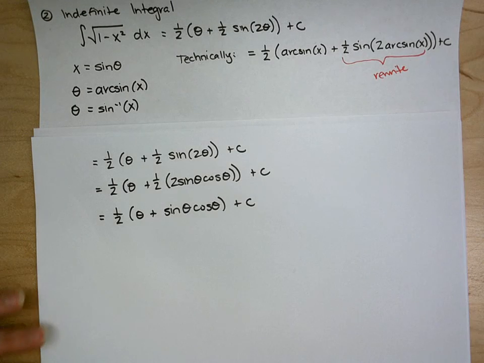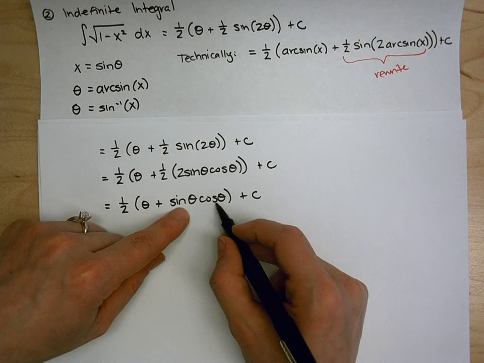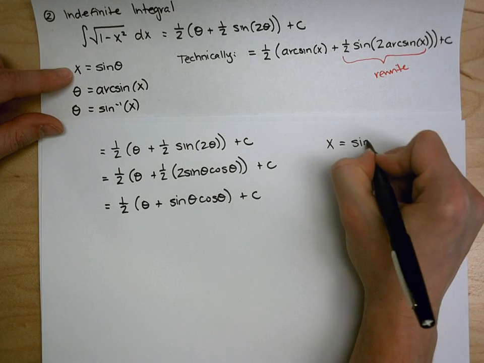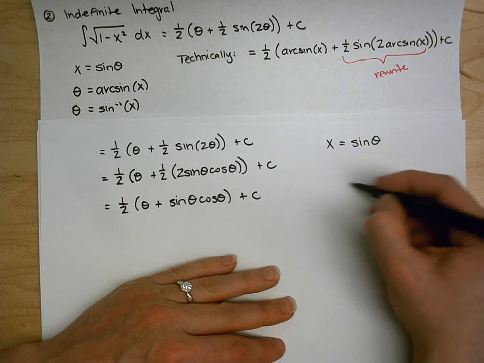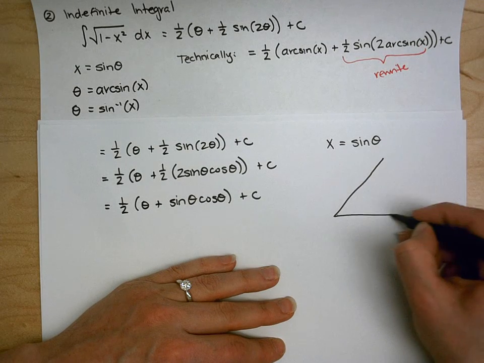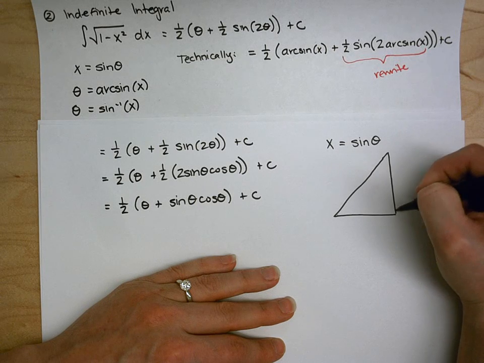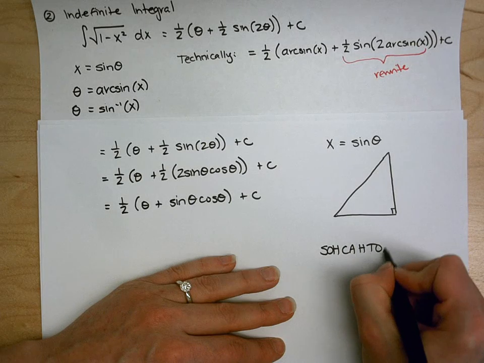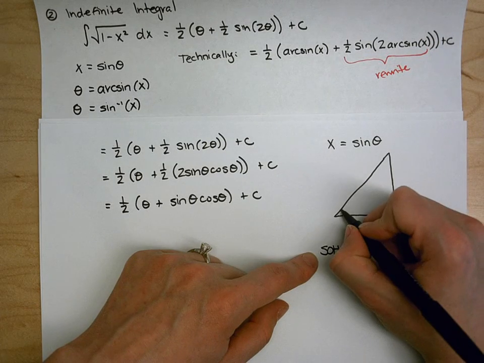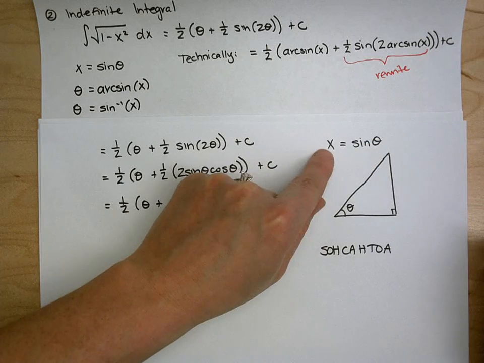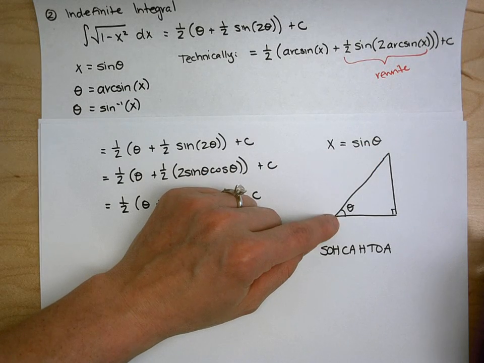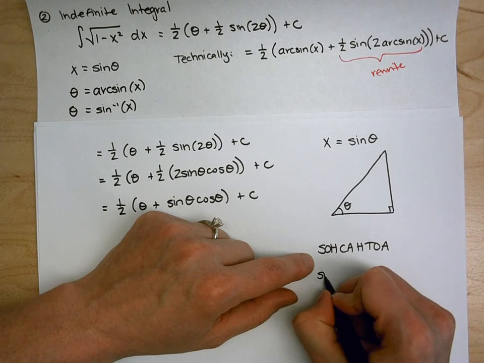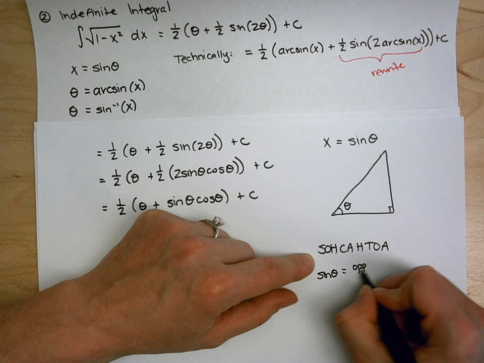So what we're going to do is rewrite this in terms of basically what we have here. Again, I know that x equals the sine of theta. So let's think about that on a right triangle. It is important that you remember your SOHCAHTOA here. I'm going to call this angle here theta, since x equals sine theta. In terms of SOHCAHTOA, the sine of the angle is the opposite side over the hypotenuse.